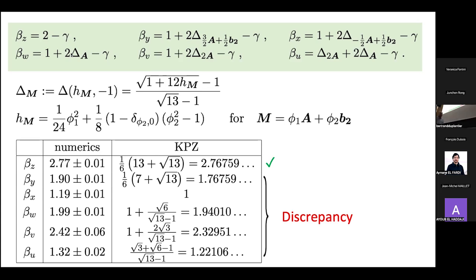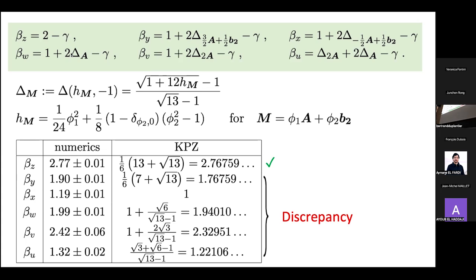Voilà, here they are. You see the betas are on the left with the error bars estimated. On the right, you have the prediction from KPZ via the H gotten from the field theory. And so you have all of these numbers with square root of 13 everywhere to the right. And you see the gamma, of course, beta Z was gamma.